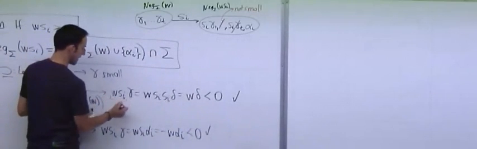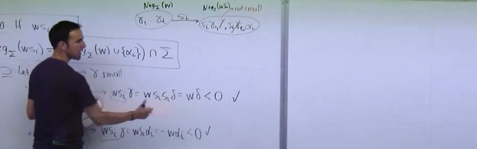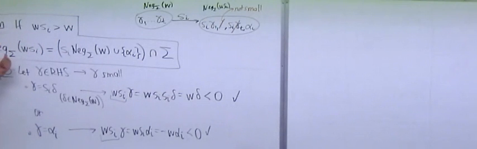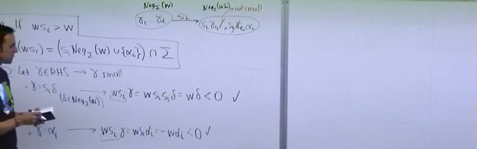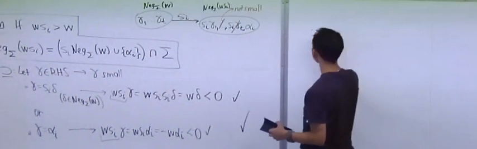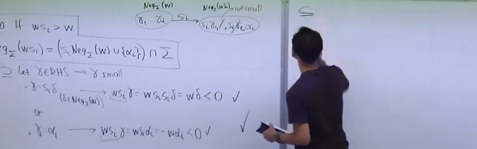Okay? So in both cases, WSi makes gamma negative, which is exactly what it means to be in this set. Okay. So that means that one inclusion is pretty straightforward. Now let's prove the other inclusion.